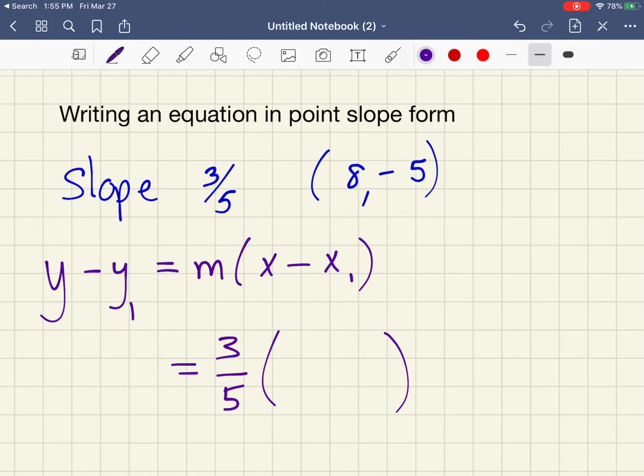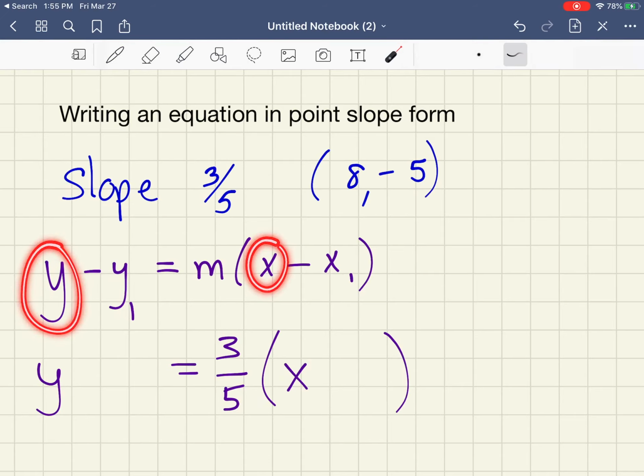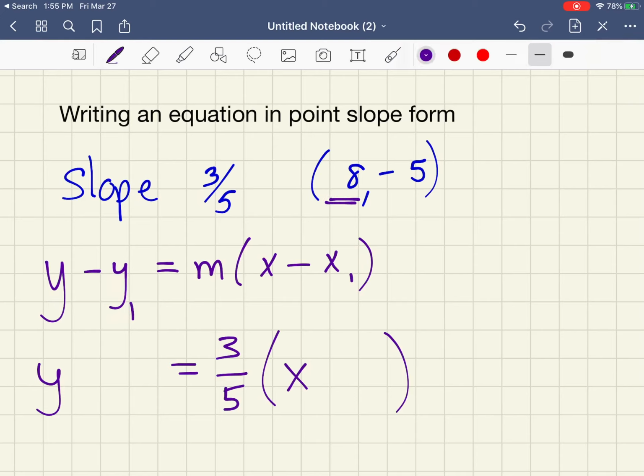Now, a lot of the times what's going to happen is the x and the y from the general form of the equation will remain. And then we can take our x value from our point and plug it in for x1. So it's x minus x1, and x1 becomes 8, so we get x minus 8 inside the parentheses.